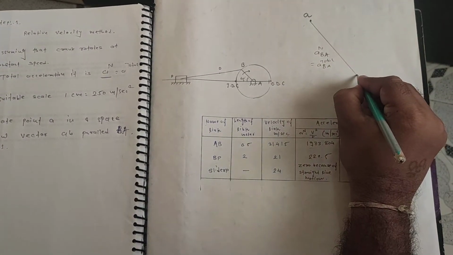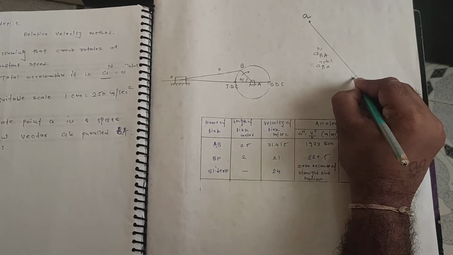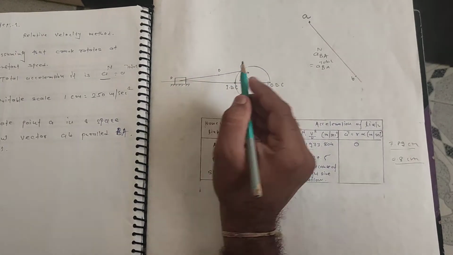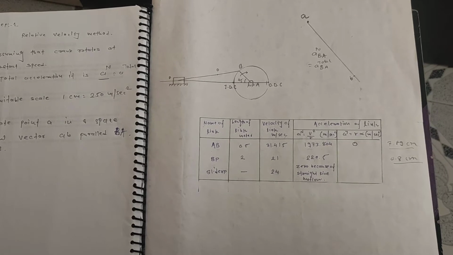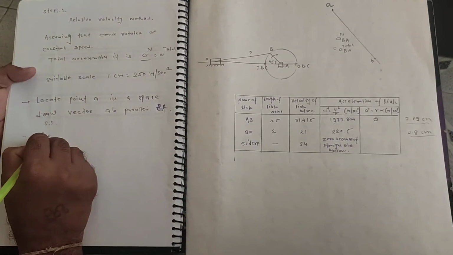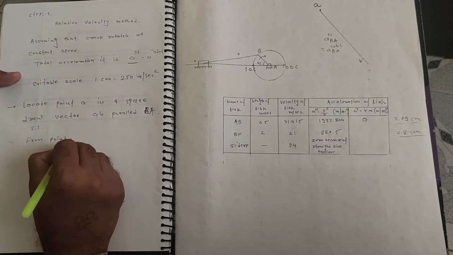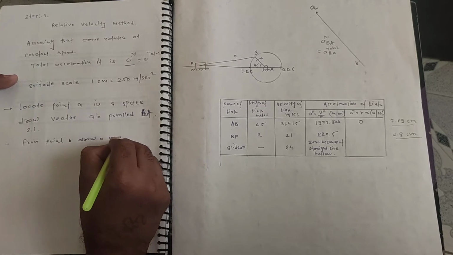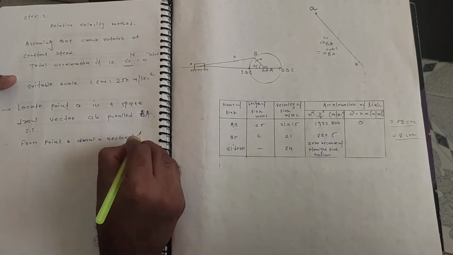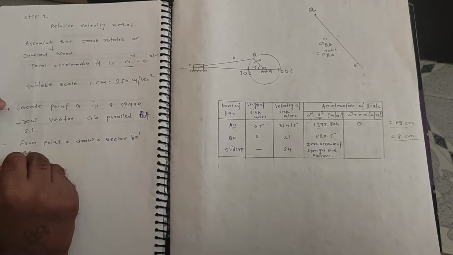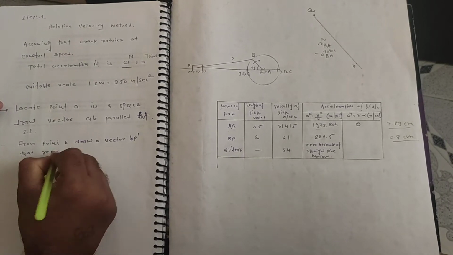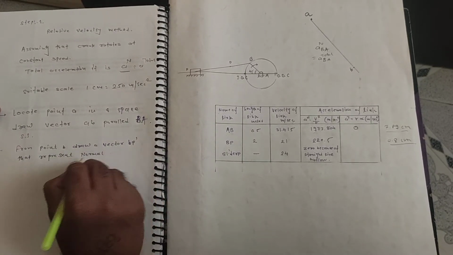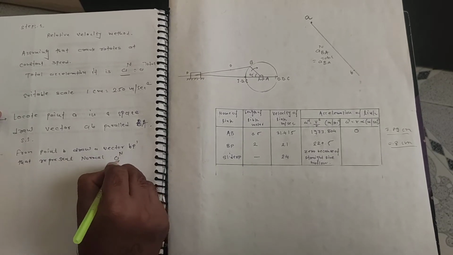Now from point A to B, what do we have to draw? There is another link, that is the BP link. So from point B we have to draw another vector, BP dash, that represents the normal acceleration of PB.